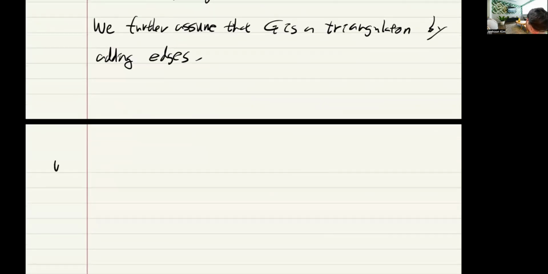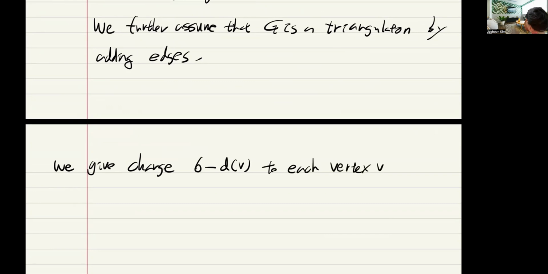So what? This function, we say that this is the charge. We give charge. Charge is the value of the function. And for each vertex v, you assign 6 minus its degree, and for each face f, 6 minus twice the length of the face.